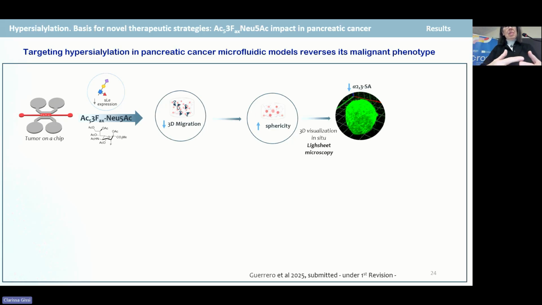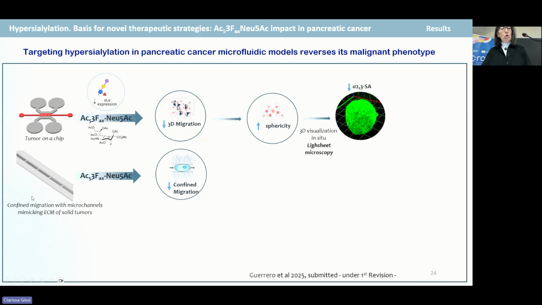In fact, when we grow the tumor cells in these devices, we use a collagen hydrogel. This is a more compact collagen hydrogel for growing, but for migration there is a reduced stiffness of the collagen hydrogel, and we observed a decrease in migration when treating the cells with the inhibitor.